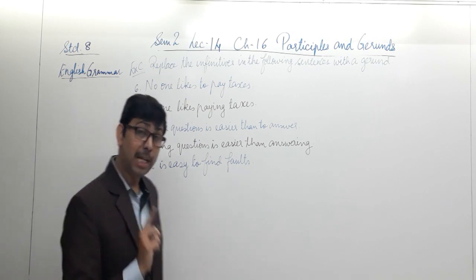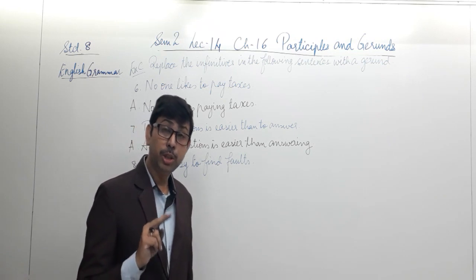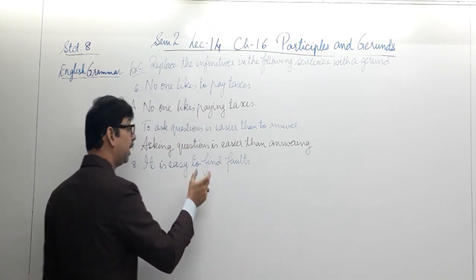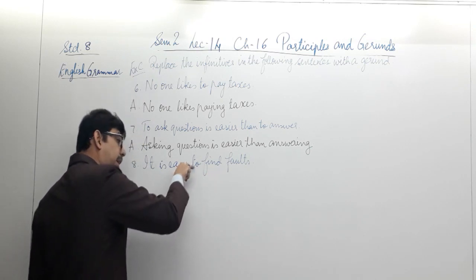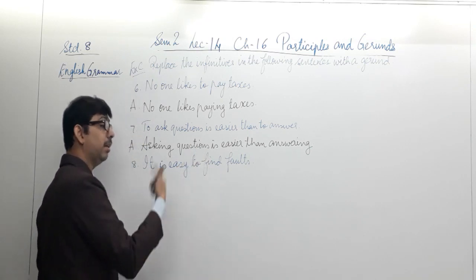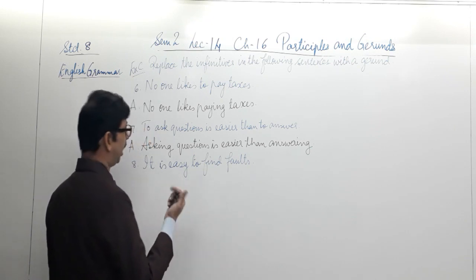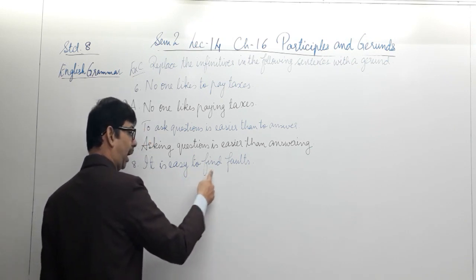In the chapter about finite verbs, we had exercised introducing it in the place of the infinitive, isn't it? So let us reconvert this sentence first and then replace it with the gerund. So, it is easy to find faults.